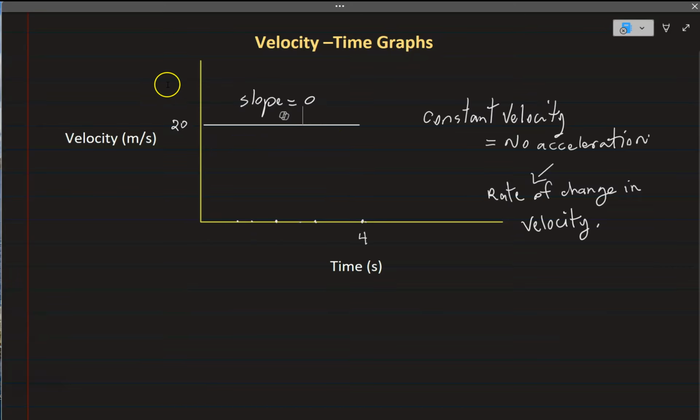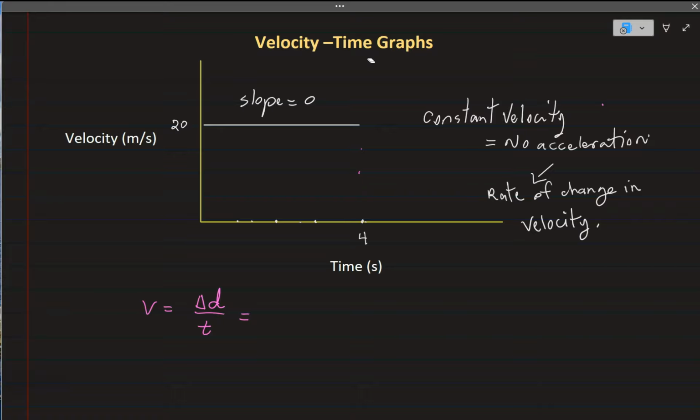Now, the next thing that I need you to pay attention to is this. Let's calculate the distance that this object is traveling for 4 seconds at 20 meters per second. Now, velocity was delta D divided by T. Okay?